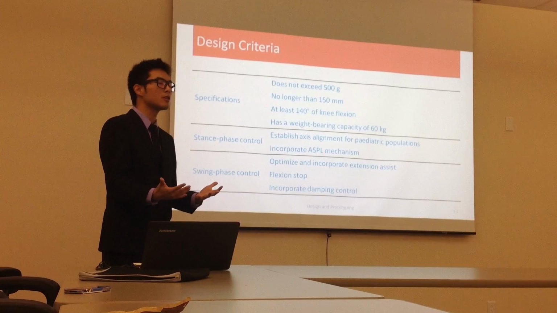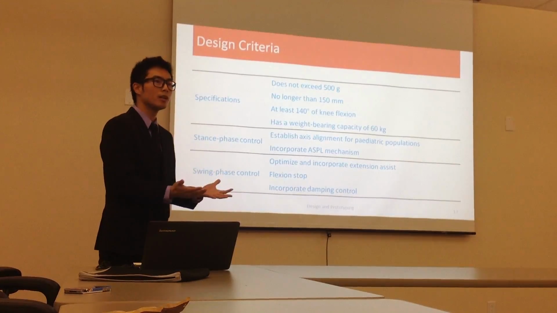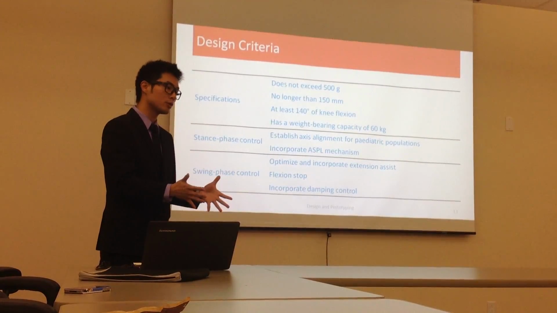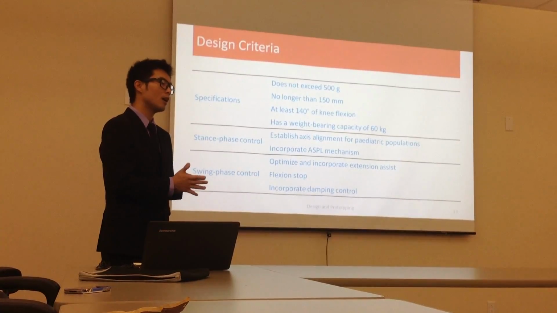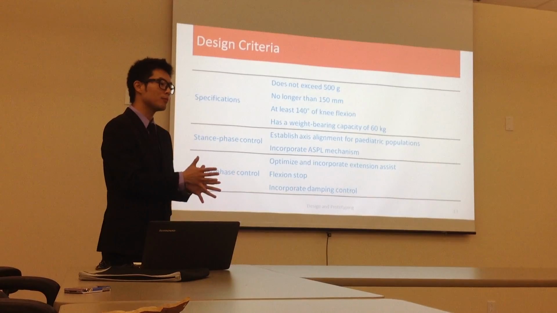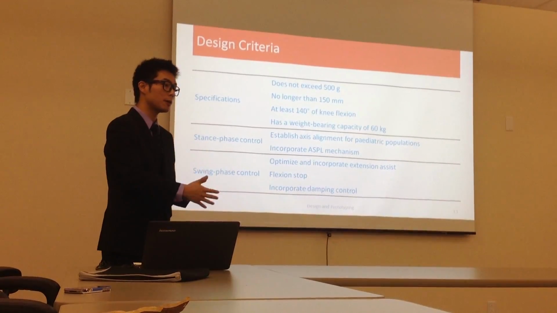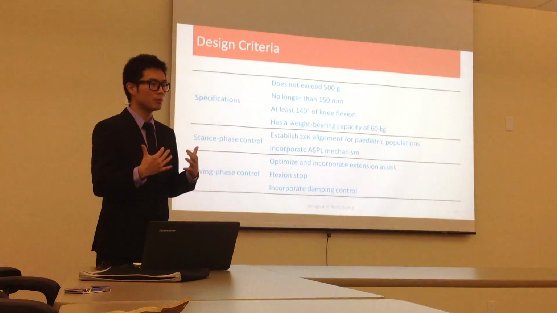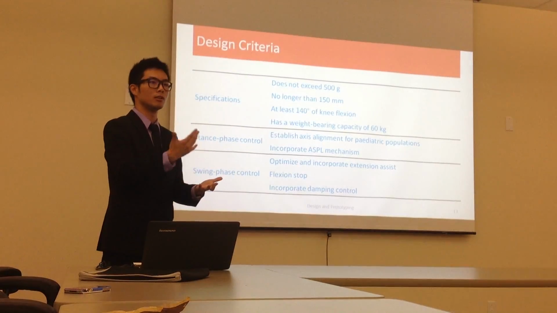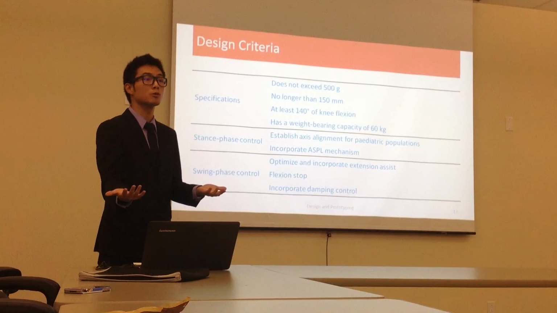Instead of going outside to play, those pediatric groups would rather stay at home and watch TV. So I think it goes hand in hand. If I can improve the biomechanics of the knee and the gait, I think it will increase their likelihood of doing social activities.